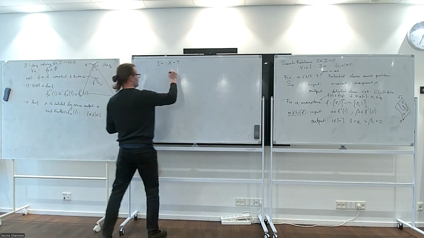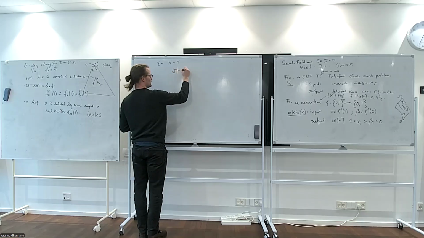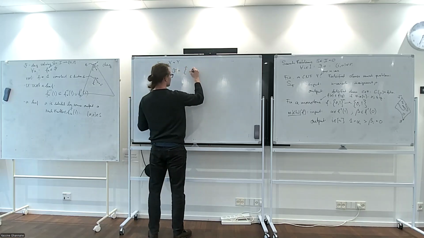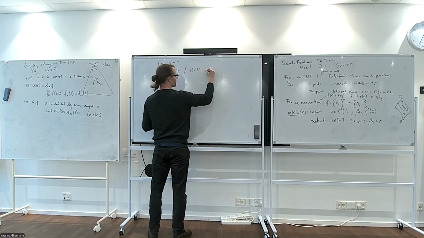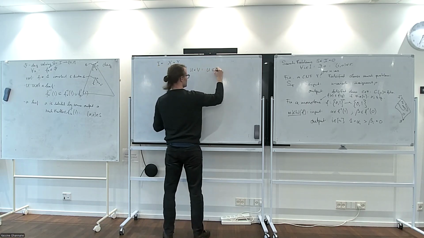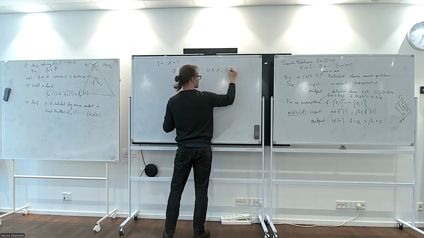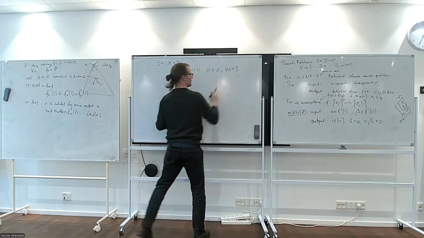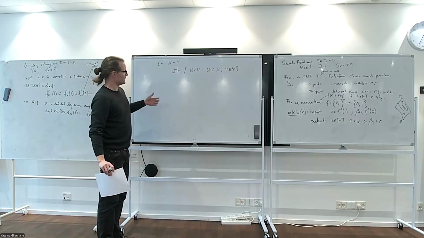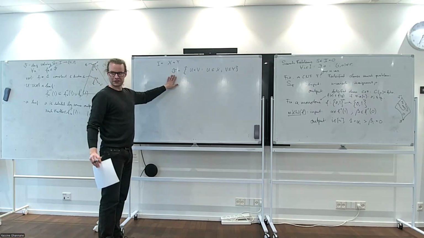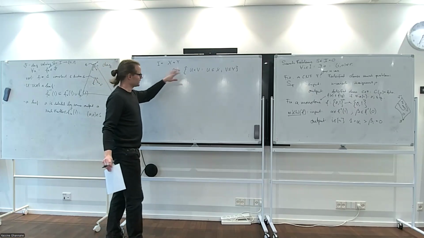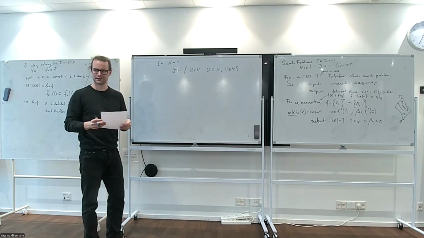So we can set F, this calligraphic F, to be all the sets U times V, for U a subset of X and V a subset of Y. So this is one example. Very concretely, these are the so-called rectangle DAGs.